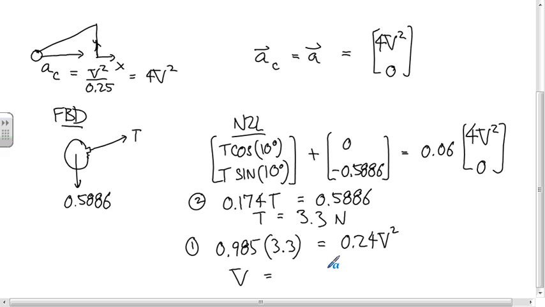Okay, so v is equal to plus or minus 3.7 meters per second. We'll take the plus. So as the speed goes up, the cable gets more horizontal, and the angle, well, that's the angle. The circle gets more horizontal, and the tension goes up. Okay.